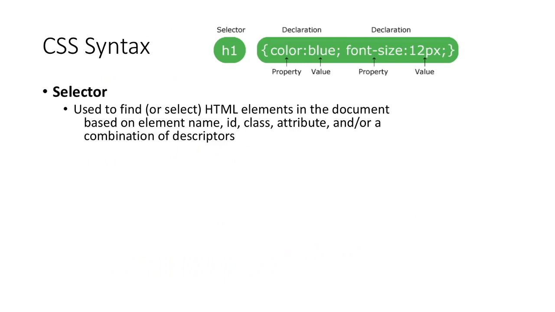If you were selecting based on ID, you would start with a hash symbol and then the ID name. Class, which is the class attribute that we were talking about before, or a combination of all three of these. Or, I'm sorry, attribute is also a selector you can use.